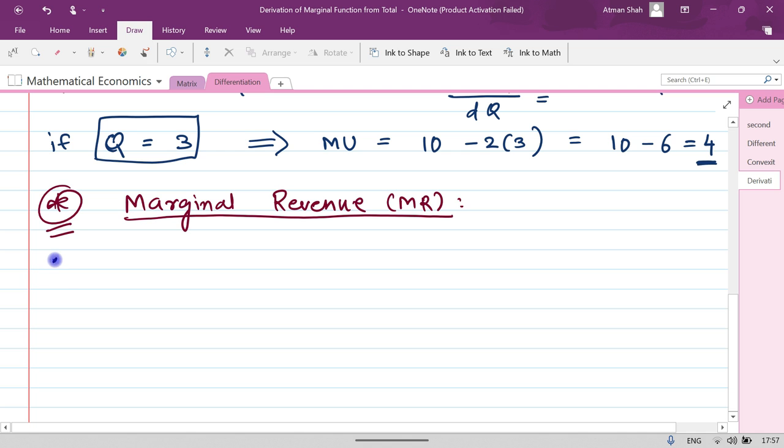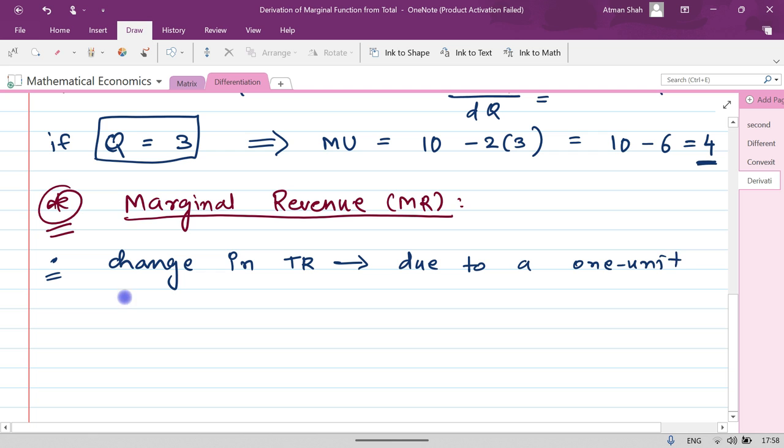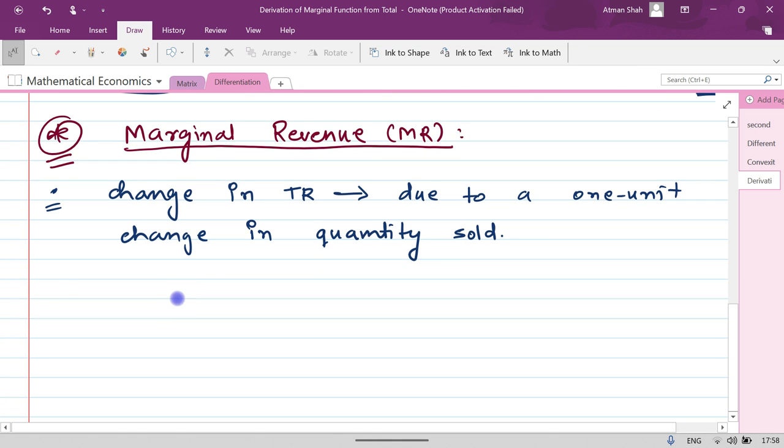It is the change in total revenue due to a 1 unit change in quantity sold. So therefore total revenue is a function of quantity sold. So marginal revenue is the differentiation of total revenue with respect to Q.